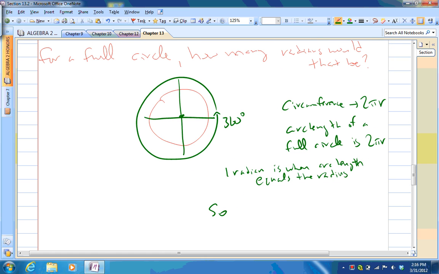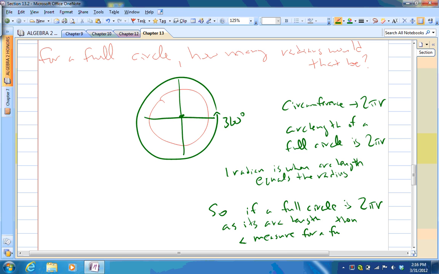So naturally, if a full circle has 2 pi r as its arc length, then the angle measure for a full circle is 2 pi radians.